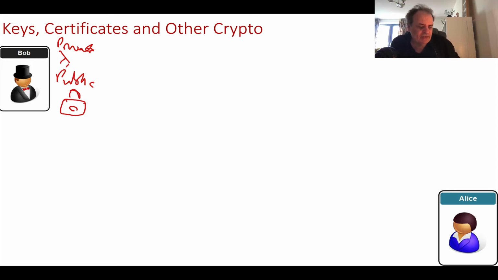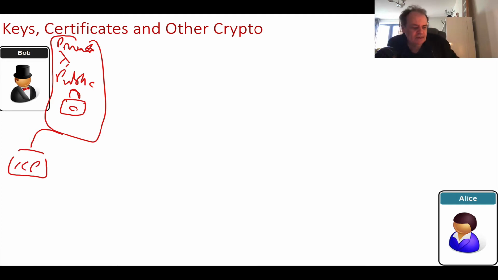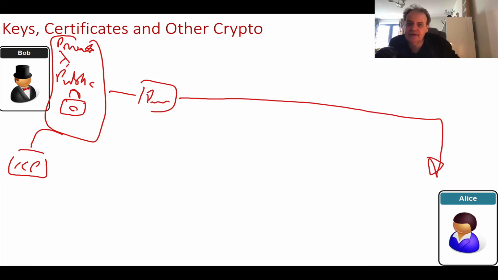We need some way to store that key pair on a machine, and also a way to export the public key so that others, such as Alice, can interpret that public key. So we normally have containers called digital certificates, which will contain the public key and the methods involved. And we also need to be able to store the key pair.